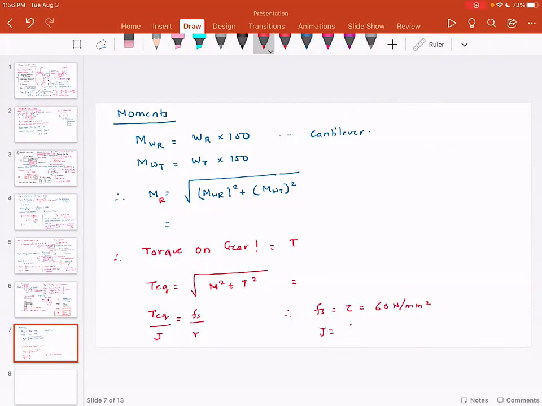J is equal to pi d raised to 4 by 32. R is equal to d by 2. Substitute everything in this equation, and the only unknown is the value of d. And that is how you would solve the torsion problem.